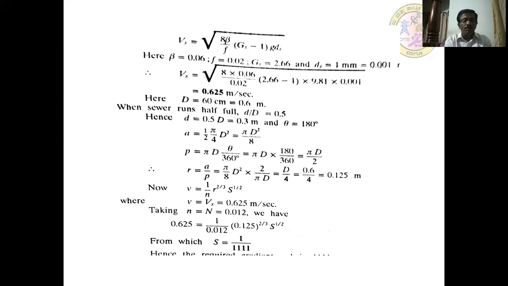For 0.625 as the velocity of flow and 0.125 as the value of r, substituting, we get the value of s for slope as 1 in 1111. Usually slope is expressed as 1 in something, otherwise 0.00 something, otherwise 10 to the power of minus 3, you go for inverse, we get the value of s.